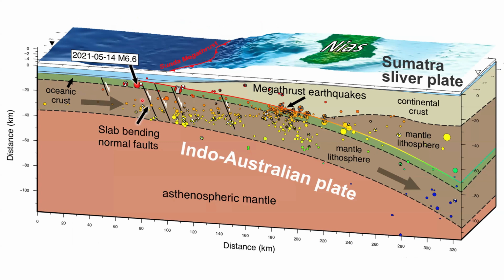Mostly, this is the plate that's bending on normal faults as it bends over and fractures going into the lithosphere. There are what we call megathrust earthquakes along the subduction zone underneath the area, such as Nias, and these are the dangerous ones that cause very large earthquakes and tsunami.